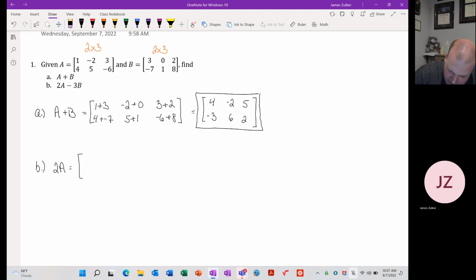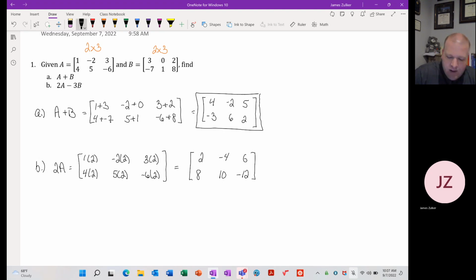Let's write it this way instead. All right, so 2a would be 2, negative 4, 6, and then 8, 10, negative 12.